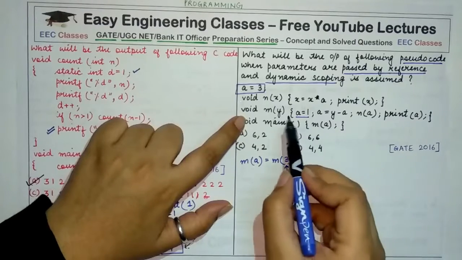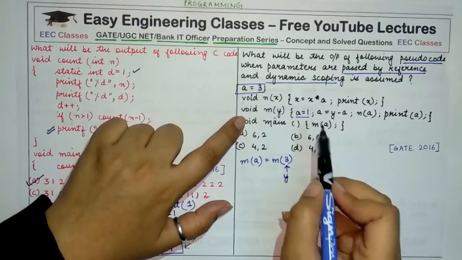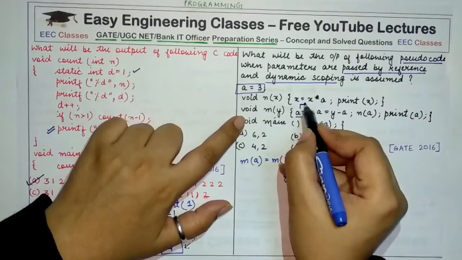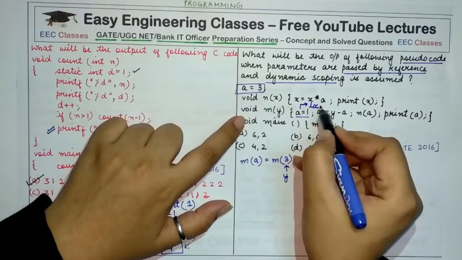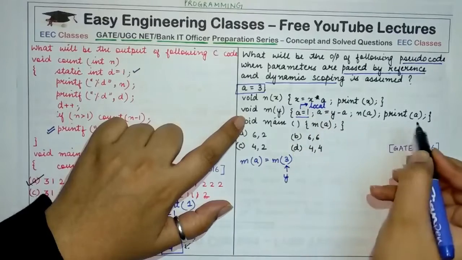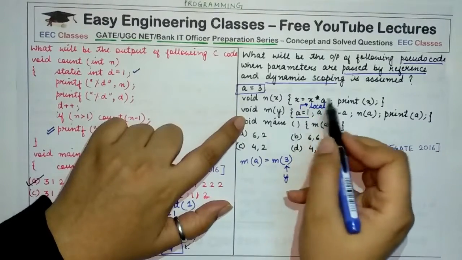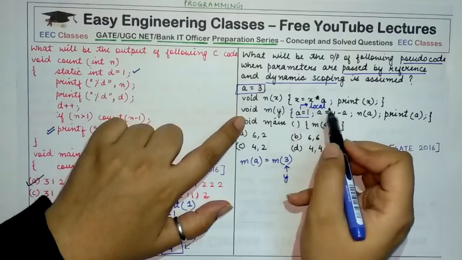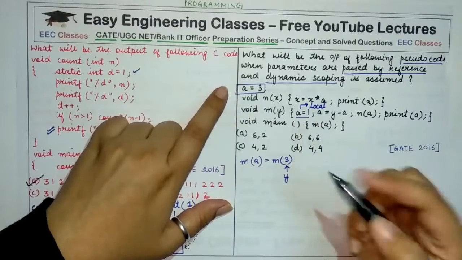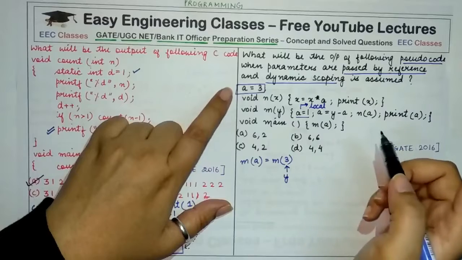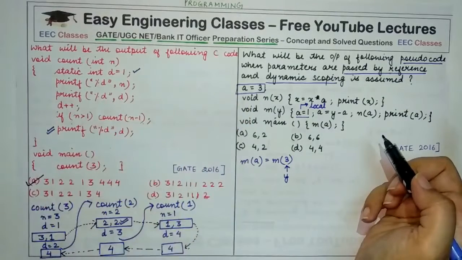So here a local variable is created inside the m function. So if in further statements a is being used and referenced, it will be the local variable a and its local value, not the global a, because the local variable with the same name hides the variable in the outer scope having the same name.